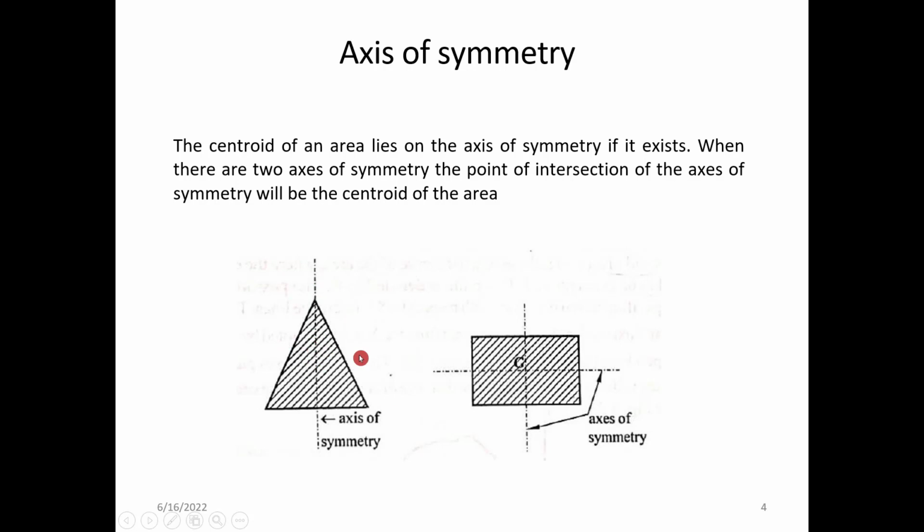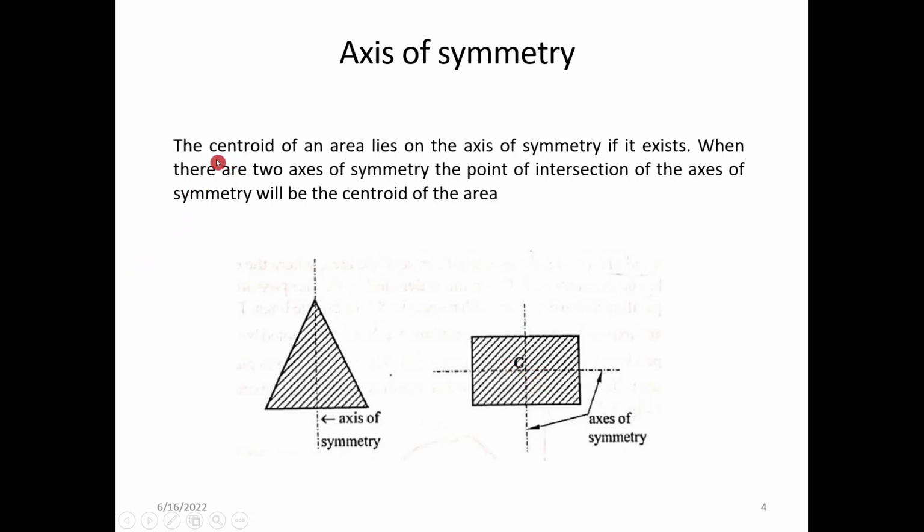As we have one axis of symmetry, one of the centroidal coordinates will pass through the symmetrical axis. Coming to the case of a rectangle, where we have the breadth and length, this is symmetrical about both the vertical as well as the horizontal axis. So the line passing through the centroid, or the line of symmetry, will be the centroidal axis.